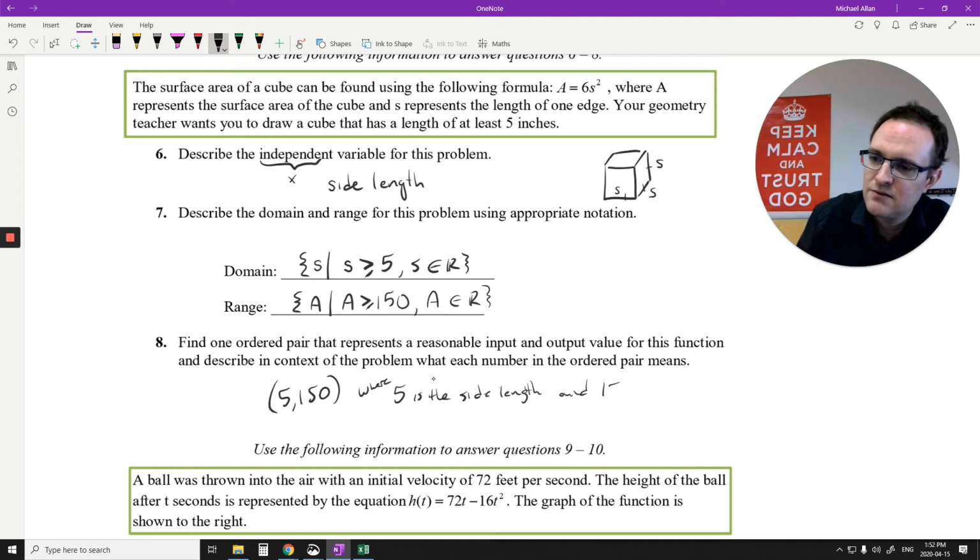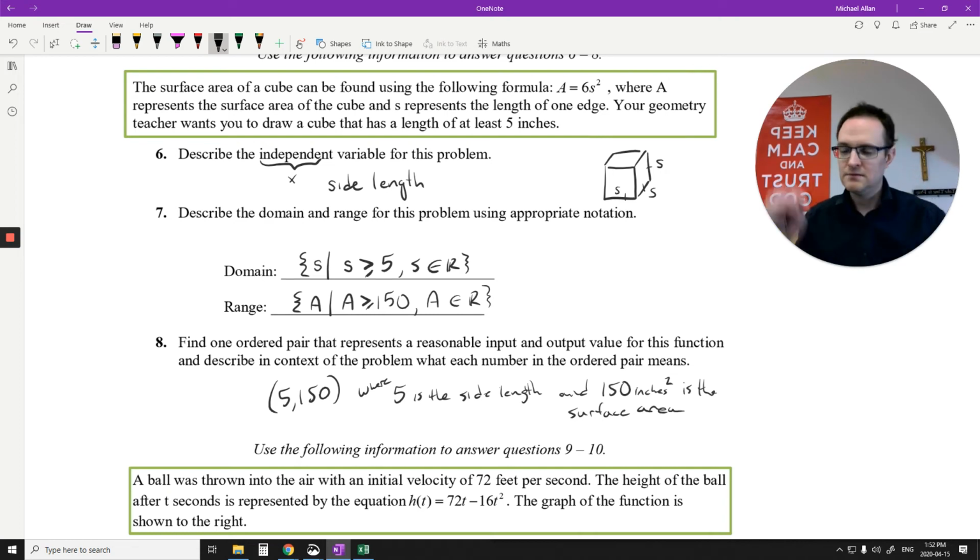And 150 in this case, is it inches? Yeah, inches cubed. Oh, squared, sorry, because it's the surface area. Cool. There we go.